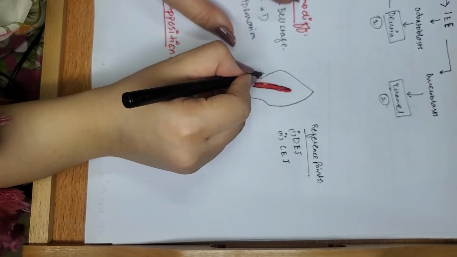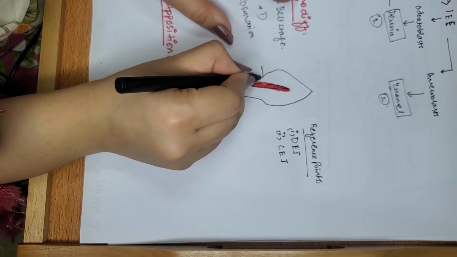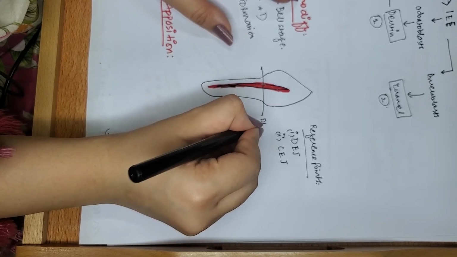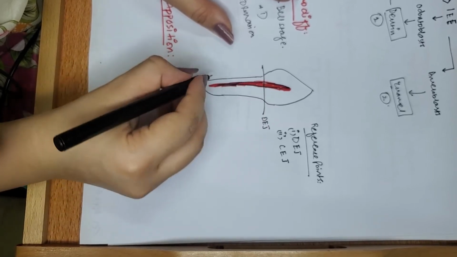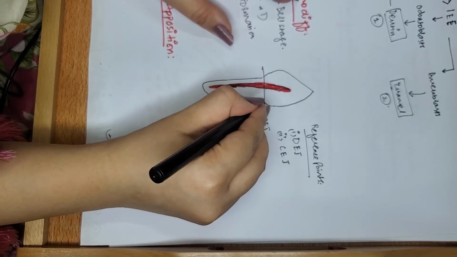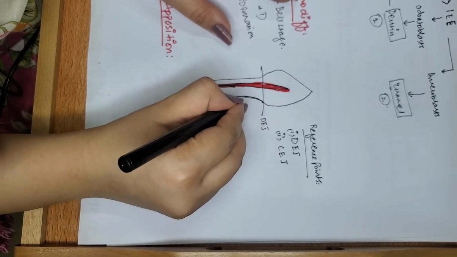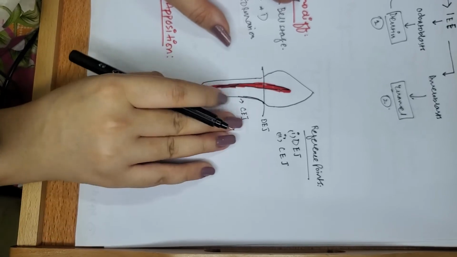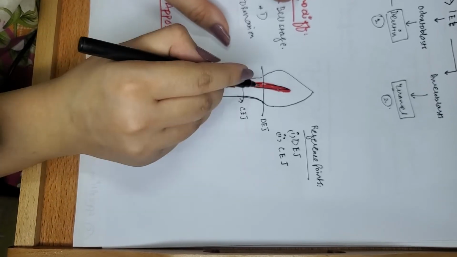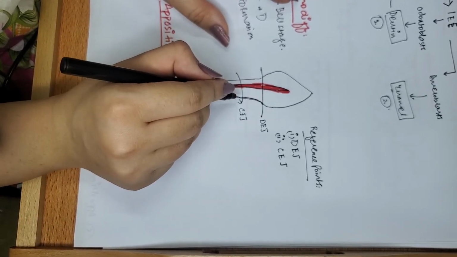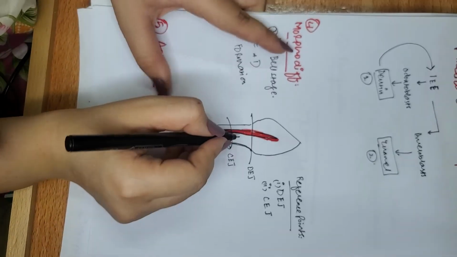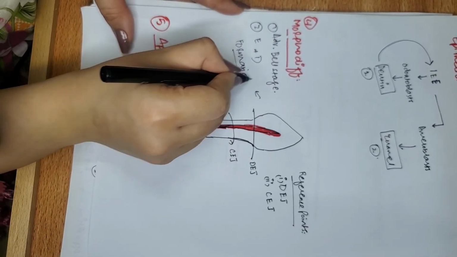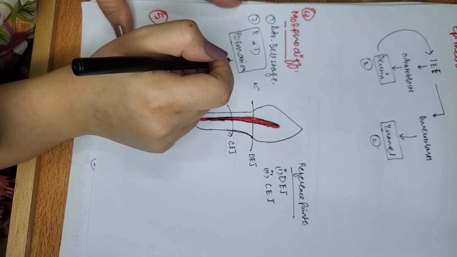Here at the coronal portion there is a formation of dentino-enamel junction, and here at the cemental portion there is the formation of cemento-enamel junction. With reference to the cemento-enamel junction and the dentino-enamel junction, what is further happening? The apposition or the formation of enamel and dentine.